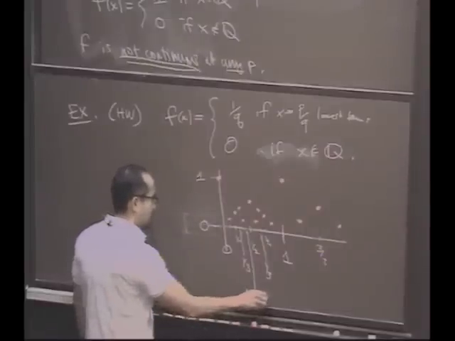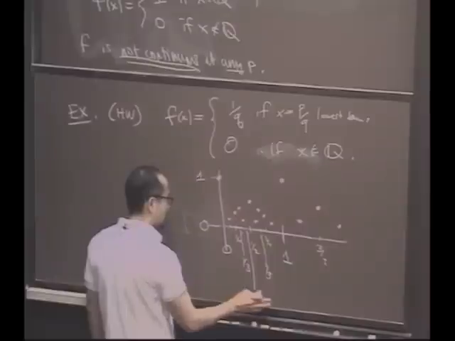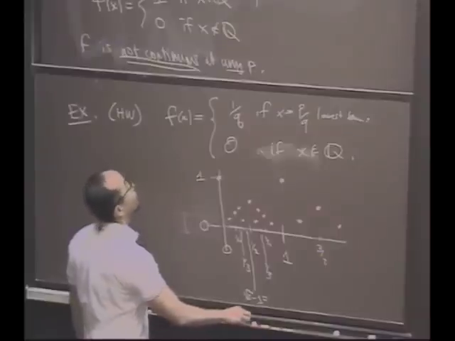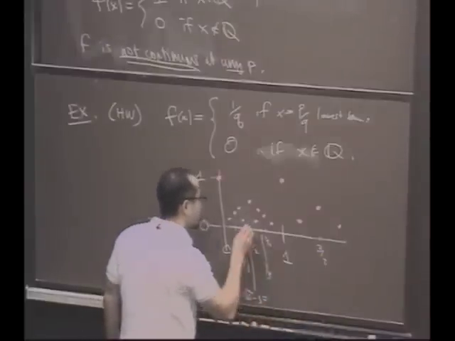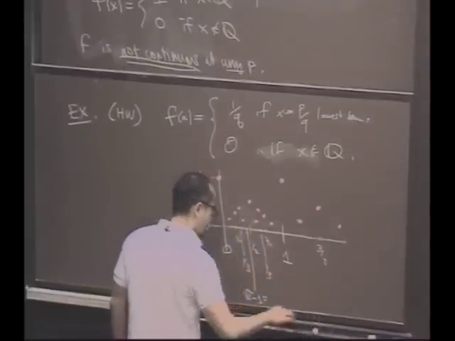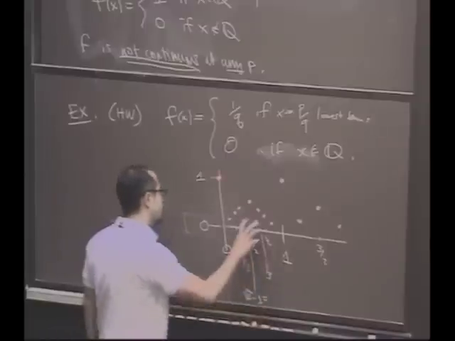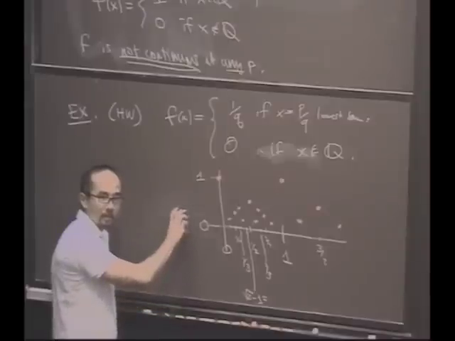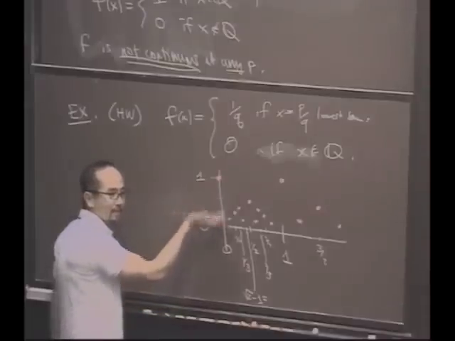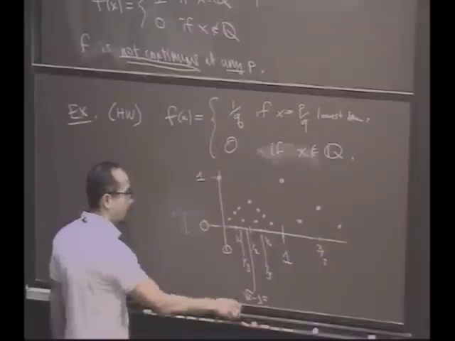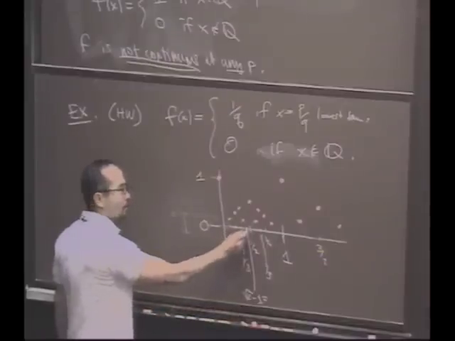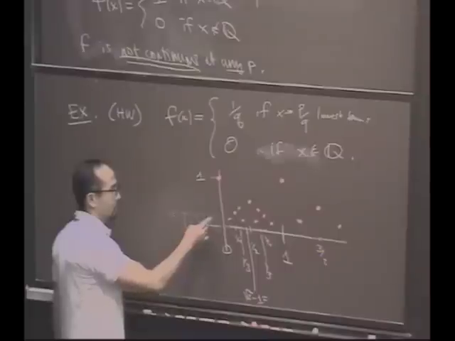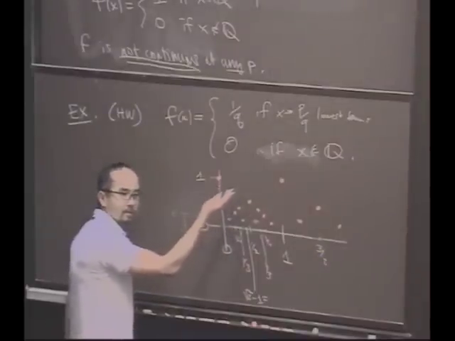What's happening at this point? Well, its value is what? 0. Yes, indeed. And is there a neighborhood around it which will land in this target epsilon window? If there's only finitely many times it exceeds? Yeah, what neighborhood? How small are you going to make delta? Well, there are finitely many rationals where it exceeds.